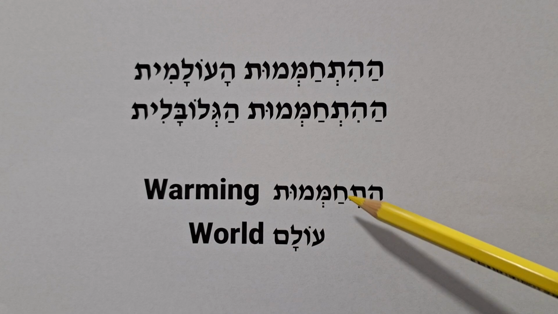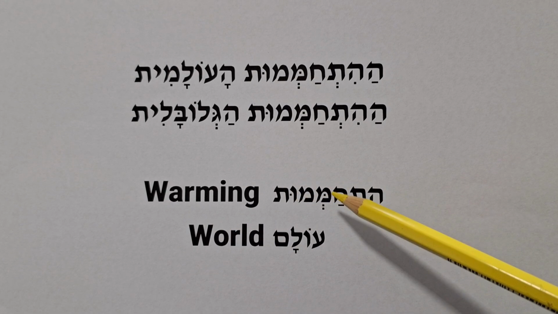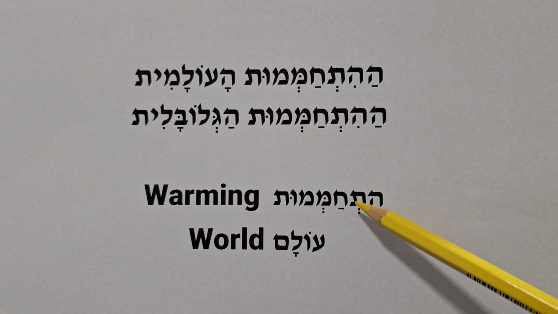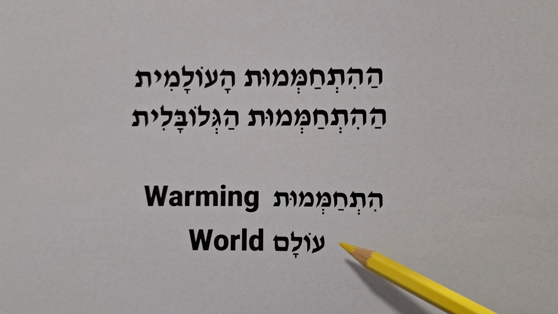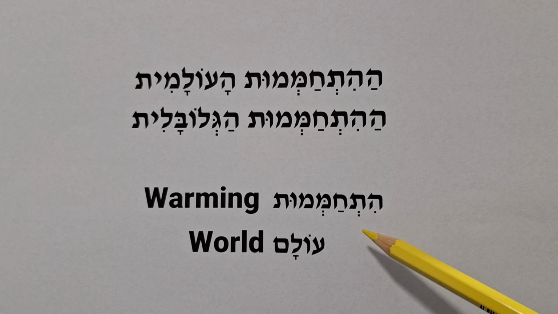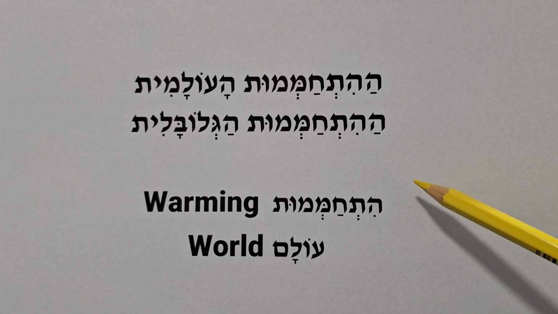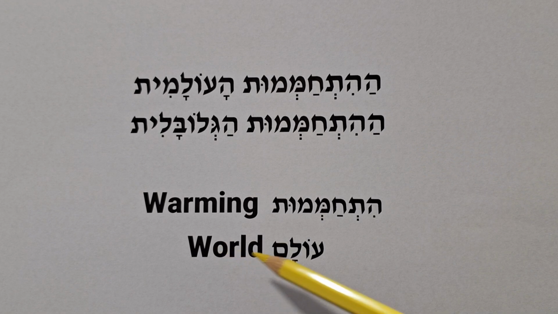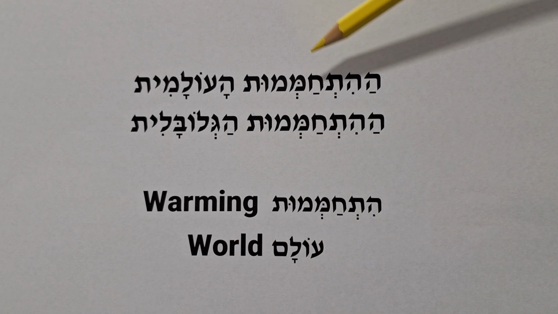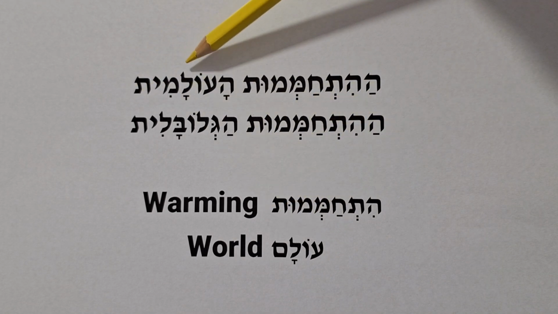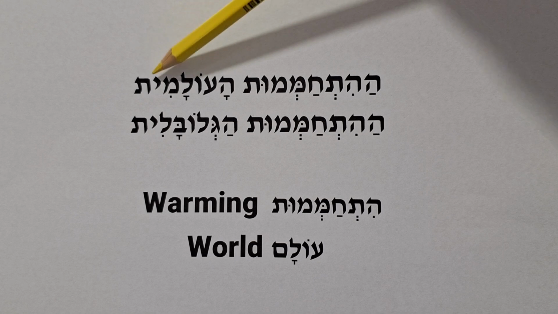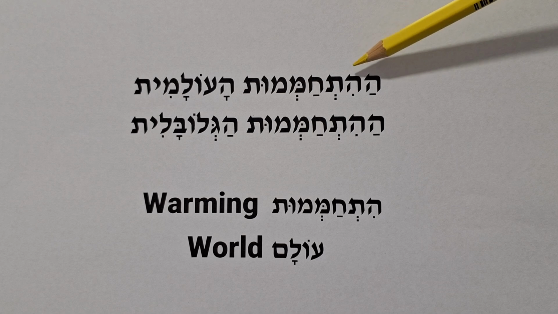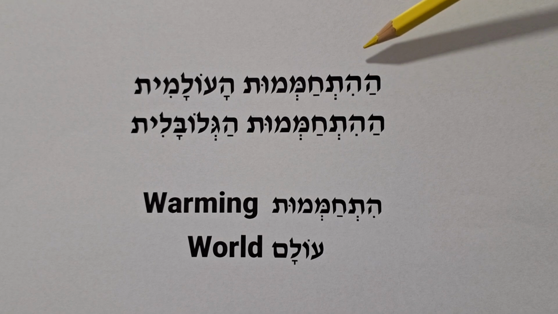So, warming, התחממות, שורש ח' מם מם, and here the hey taf, you remember, בניין התפעל, this is how we build the noun, and שם פעולה, שם עצם, and world is olam, and together Ha'olam becomes the adjective, ha'olamit, yotaf because this is feminine, this word, and this is definiteness.